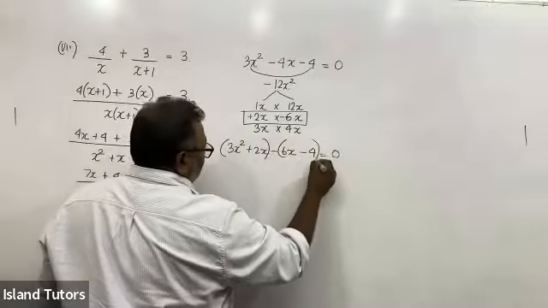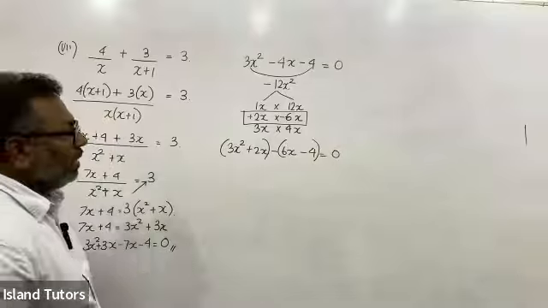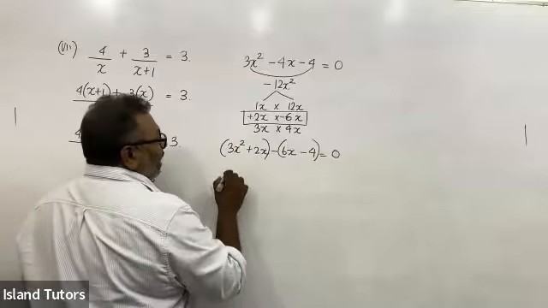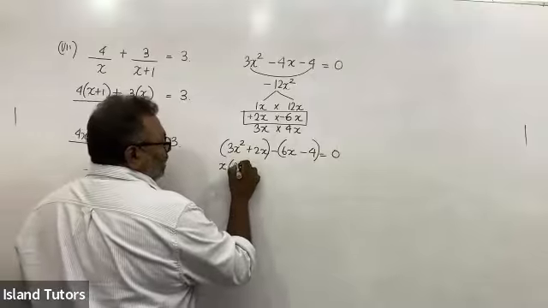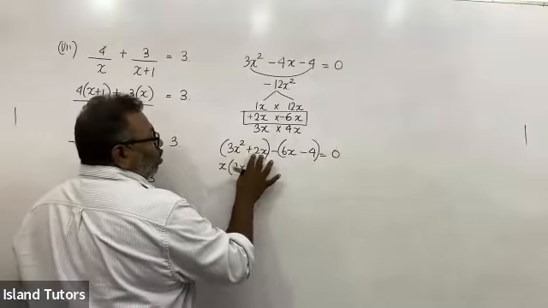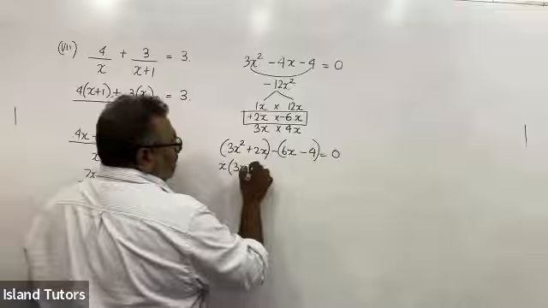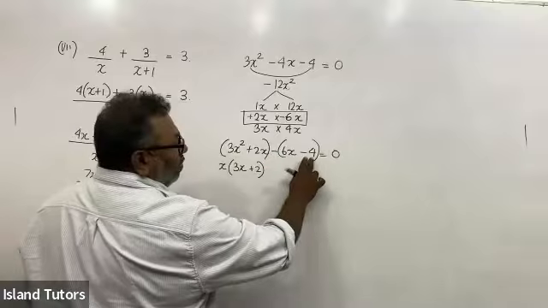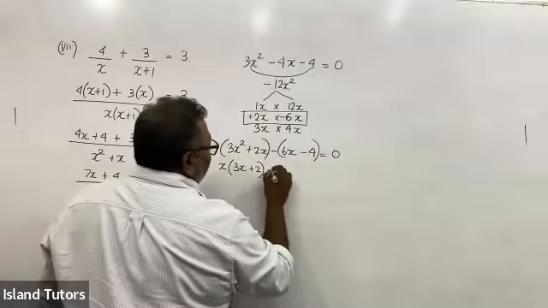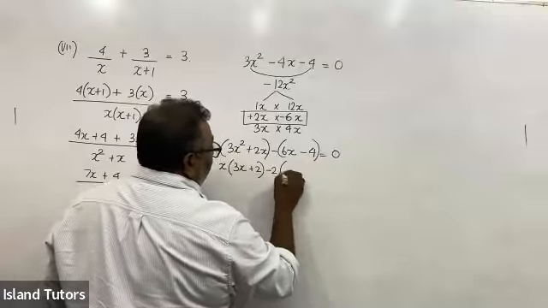Factorize. 3x squared and 2x, common factor is x. 3x squared divided by x is 3x. 2x divided by x is plus 2. Minus 6 and minus 4, common factor minus 2.